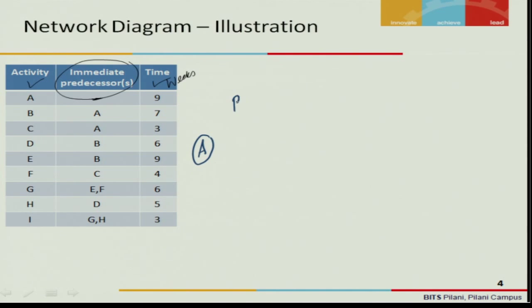So I put B after A and connect both of them with an arrow because time always travels in one direction. So I put A to B.